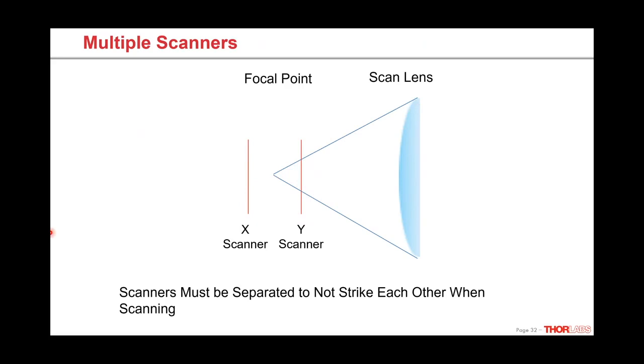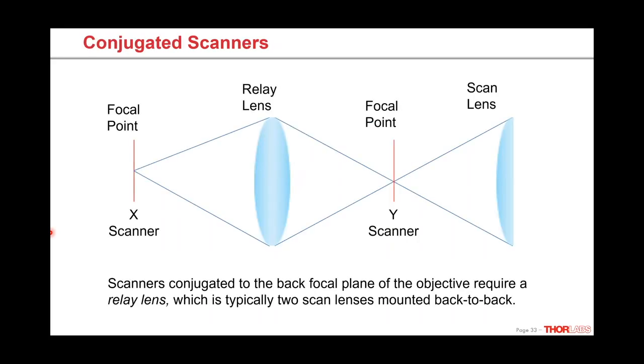Now, it will be useful for most imaging requirements, but there are certain applications where it's really important that the scanners get conjugate exactly to the back focal plane of the objective. In that case, one can use a relay lens to relay the light from one scanner onto another scanner, and then both can be conjugate exactly to the back focal plane of the objective.